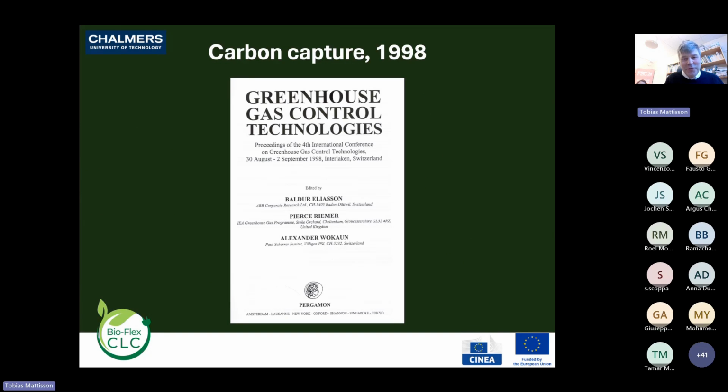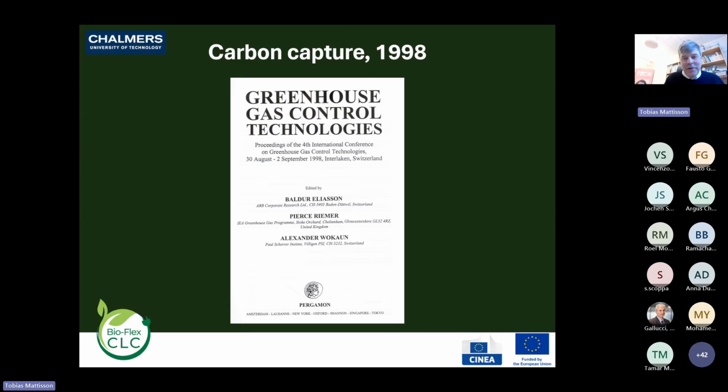I think it was the first conference I went to around carbon capture, and even looking at the table of contents, it was very dire, with a need for very rapid decarbonization and deployment of CCS. Today, 20, 30 years later, we're emitting 60-70% more CO2. So in many ways, we in the community or in society have perhaps failed.